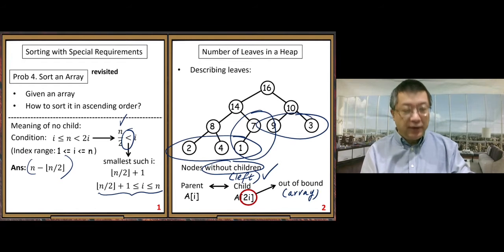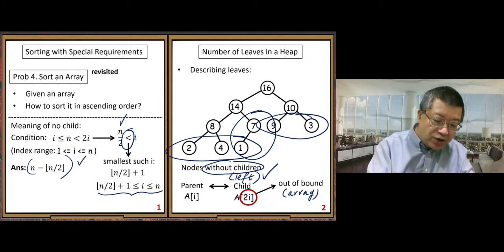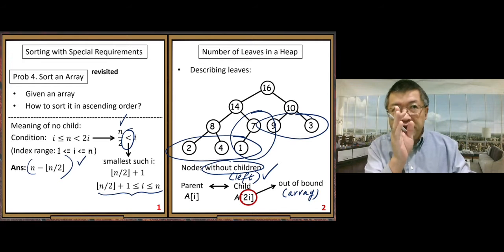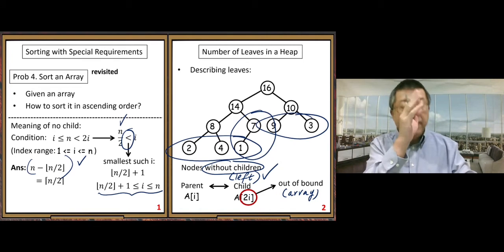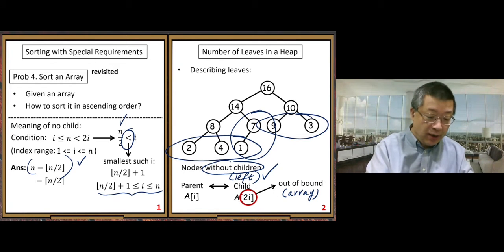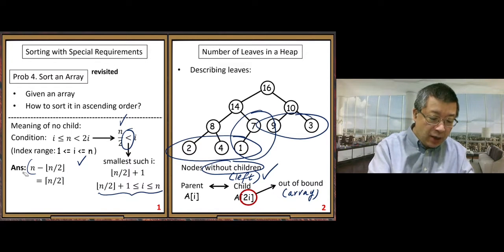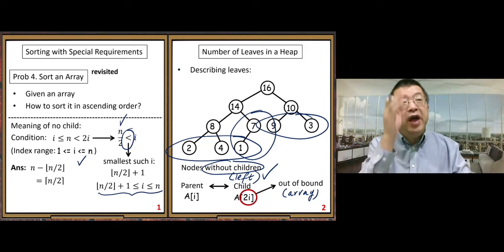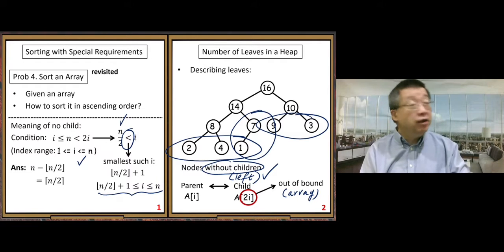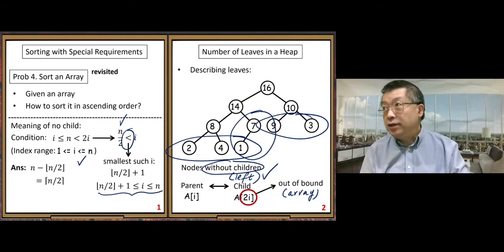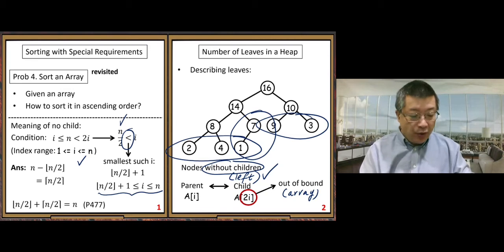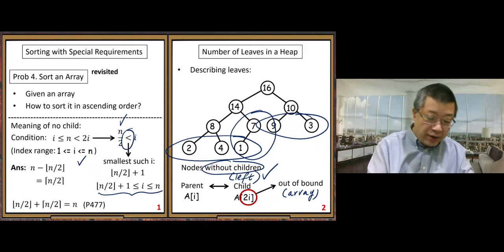All right, so then this expression can be further simplified as a one-term formula. So that is ceiling function of n over 2. Ceiling function. Why is that? Here we use the formula in our textbook, page 477.